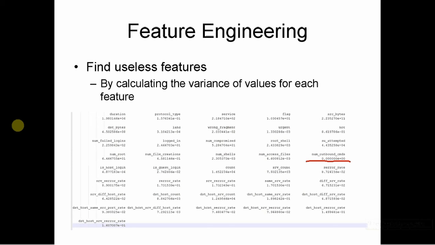The feature called non-outbound commands has a variance of 0. That means every record in the dataset had the same value for this feature, which means this feature is actually useless for our machine learning algorithms to do the classification. So we can remove this feature from our dataset. There are also some other features that have very low variance. We can remove them.